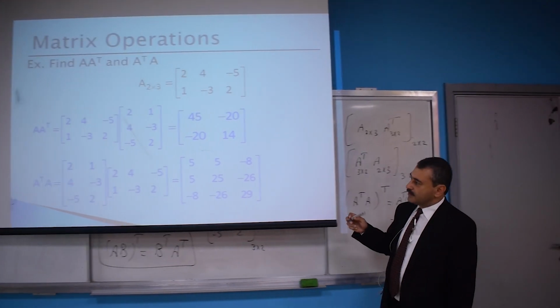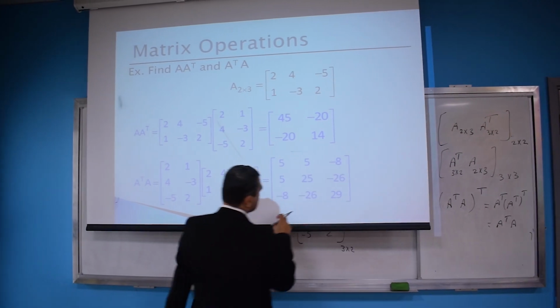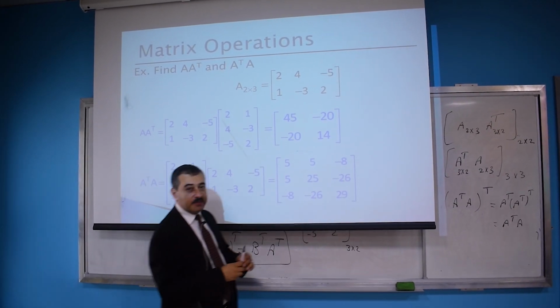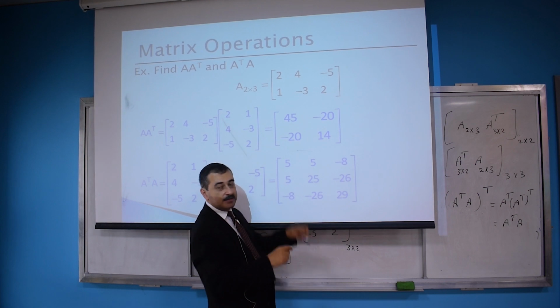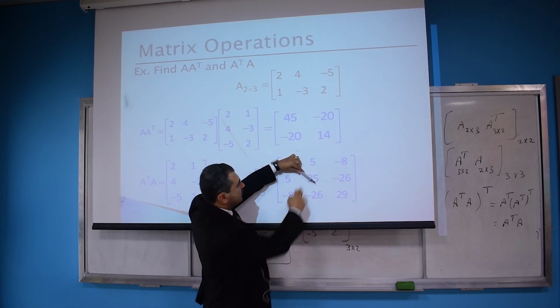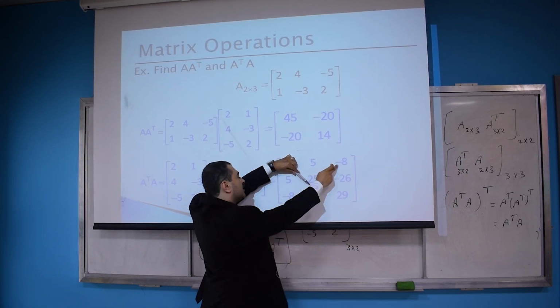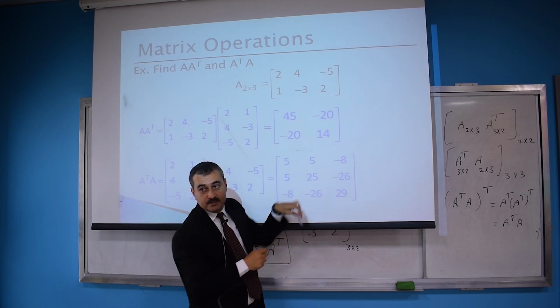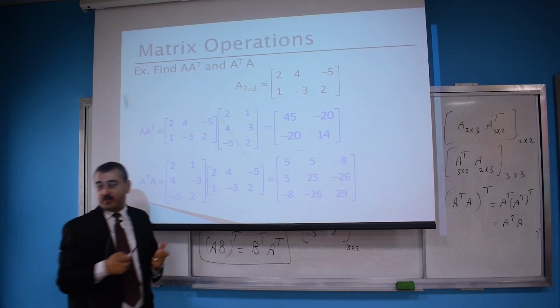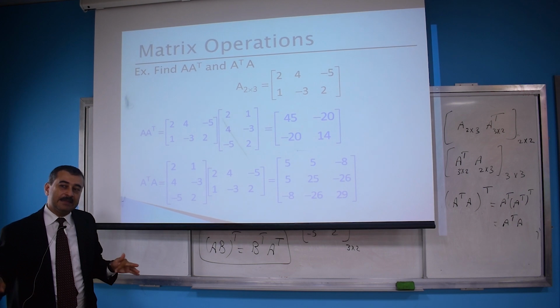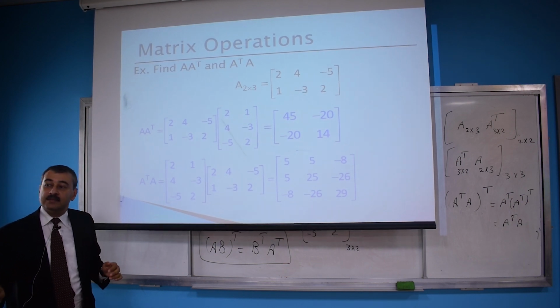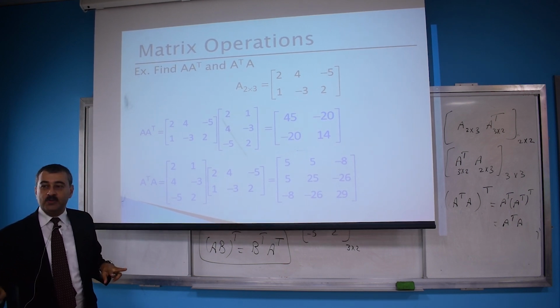Okay? If you look at the numbers here, you have some symmetry around the diagonal. Look at this diagonal, for example. You have here 5 and 5, negative 8, negative 8. How can you benefit from this property? A equals A transpose?